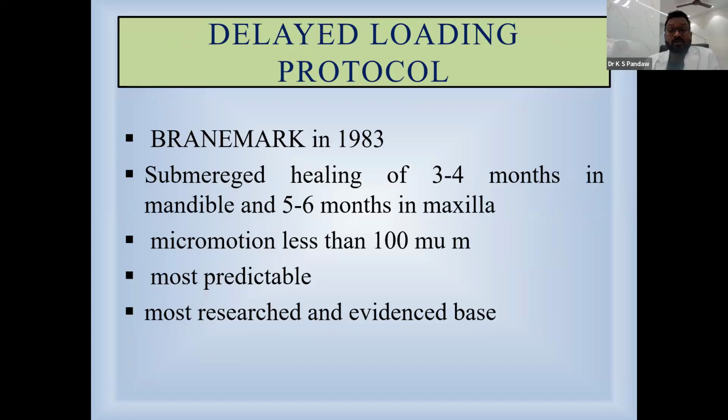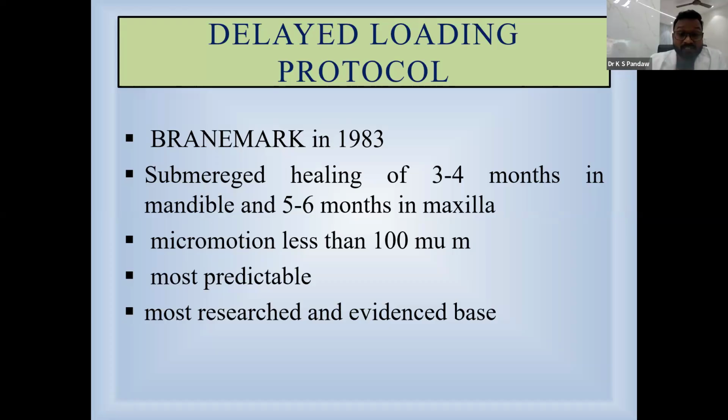So let's see the delayed loading protocols. Delayed loading protocols were given by Brånemark in 1983. In delayed loading implants, we submerge the implant 1 to 1.5 mm below the bone margin to avoid micromotion above 100 microns, because when movement is above 100 microns, the osseous integration becomes a fibrous integration.